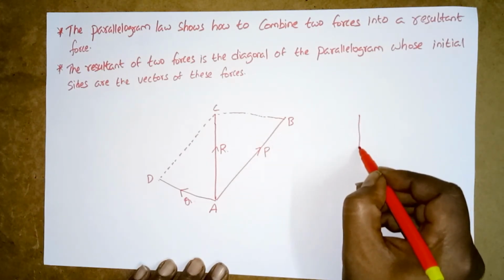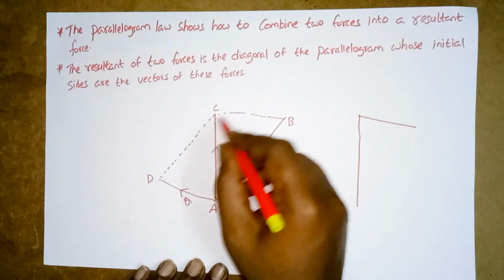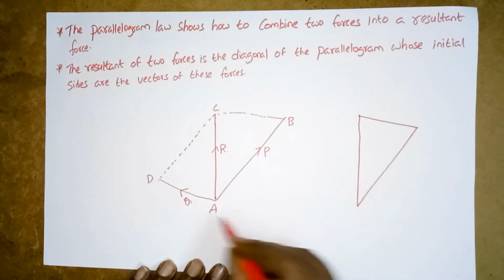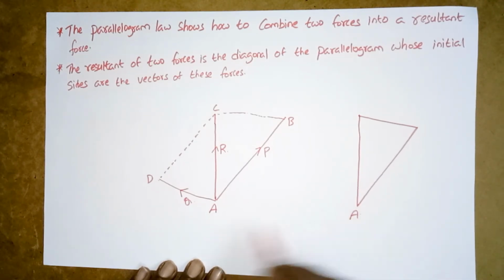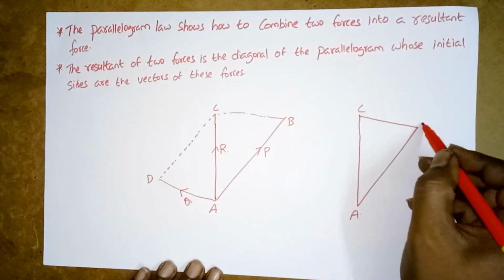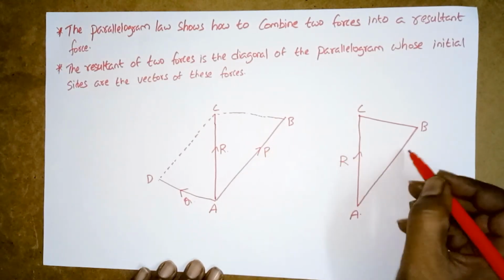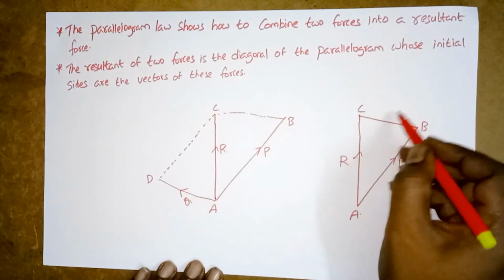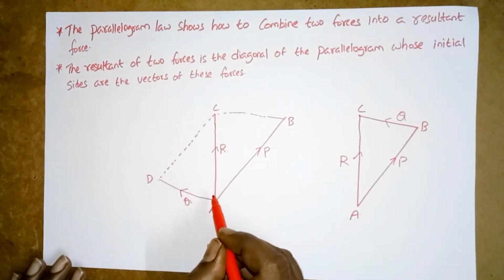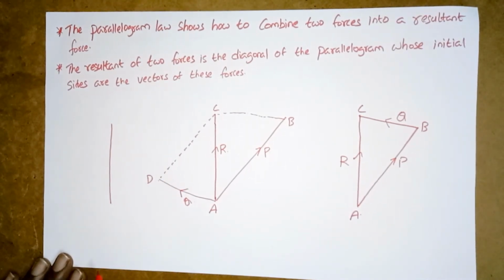So same way you can draw this one, taking this triangle, okay. So this is triangle A C B, showing the forces. This is the R, okay, this is the P and this is Q, okay. Same way, if we take this triangle here, we can draw this triangle the same way, right.